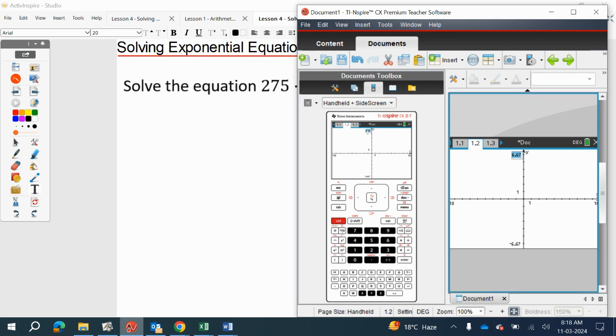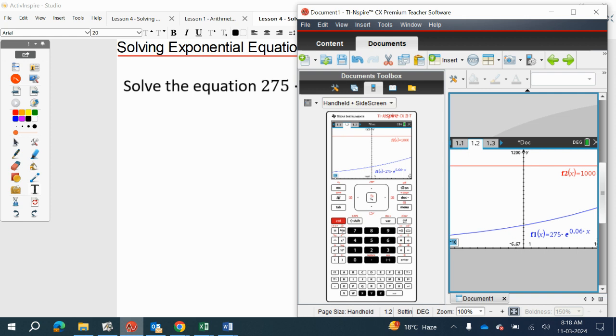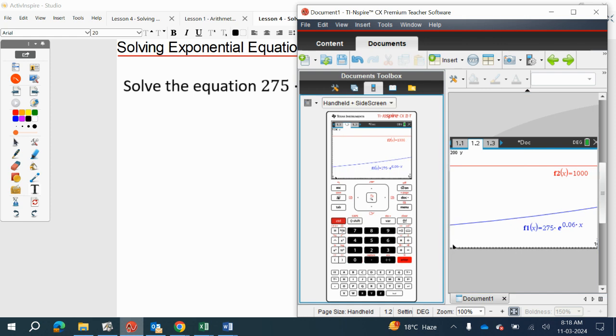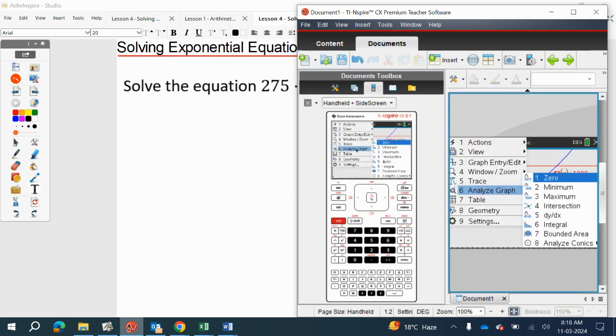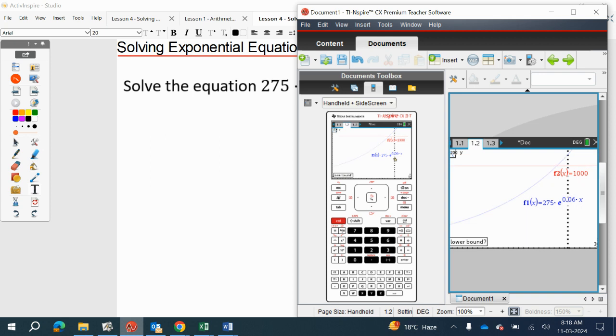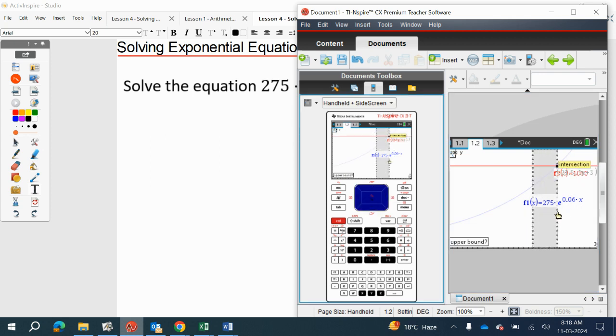We can see that this needs to go up to 1,000. We can adjust these ones. We want that one at 0, and make this one 30. We see the graphs intersect at this point. We press menu, analyze graph, intersection, and then we can find the intersection.